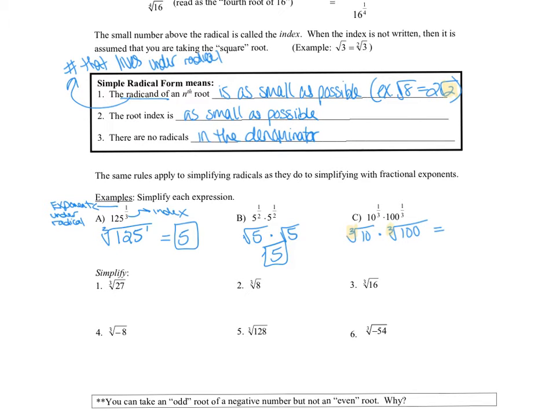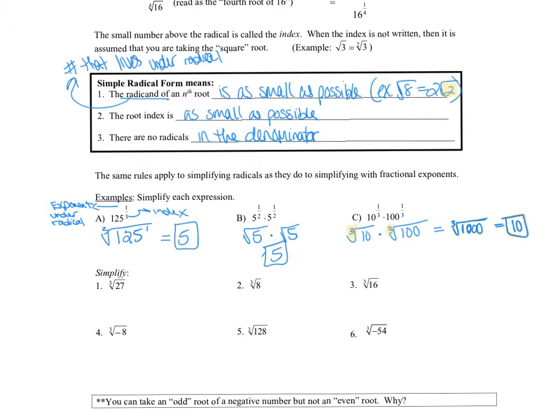Okay, just like we could multiply square roots by square roots, I can multiply a cubic root by another cubic root because the index is the same on both of those. It's a 3. So when I do that, I get cubic root of 1,000. If I'm thinking in cubes, that equals a 10.